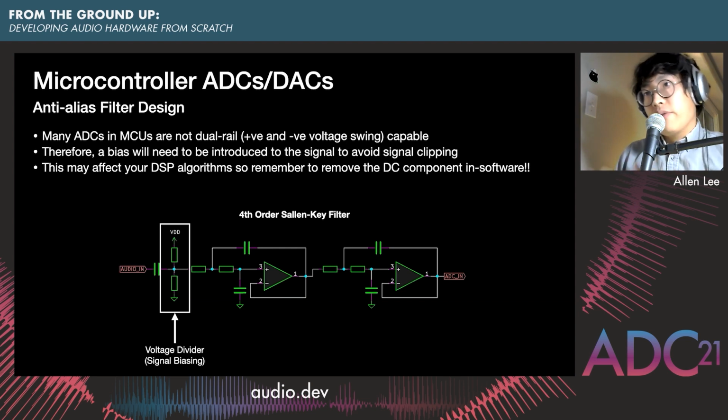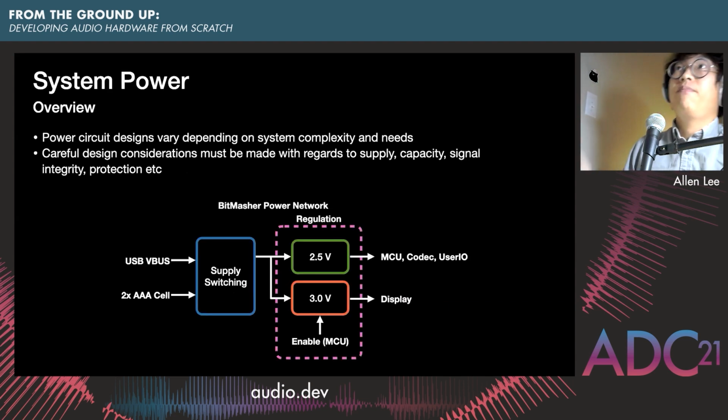To get around that problem, typically what you will have to do is introduce what's called a biasing circuit. Here I have a simple voltage divider. Basically what happens here is that the most negative value will be changed to 0, and so you have the full range of that audio signal.